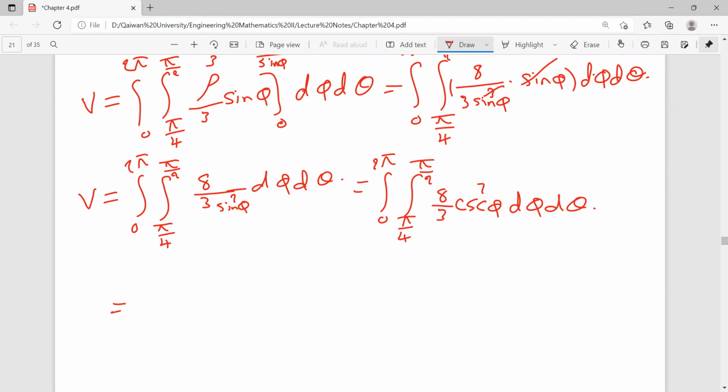It equals the integration from 0 to 2 pi, and the integration of the function with respect to phi is 8 over 3 times minus cotan of phi, so it's minus 8 over 3 cotan phi, where phi is from pi over 4 to pi over 2.